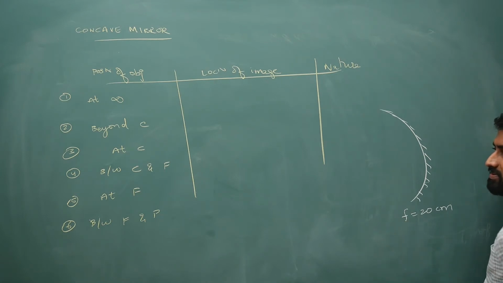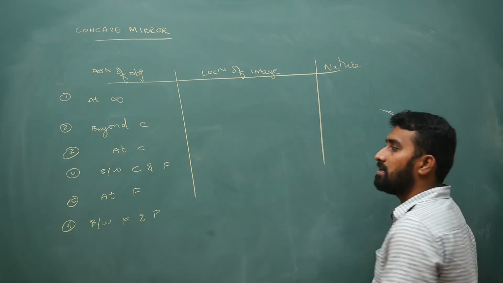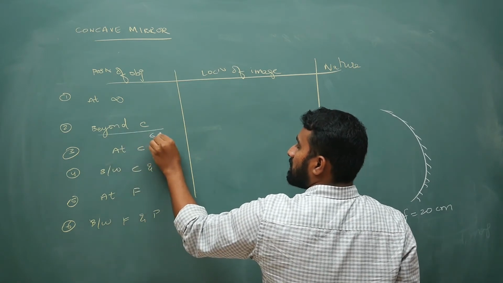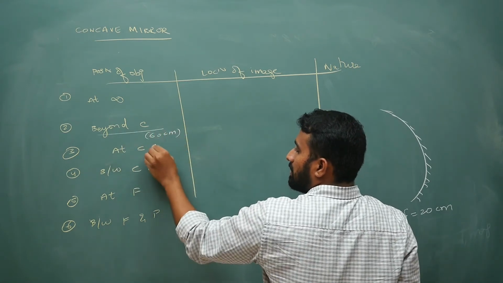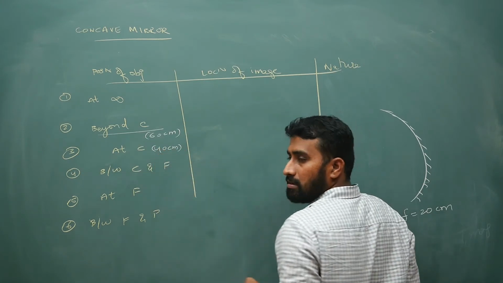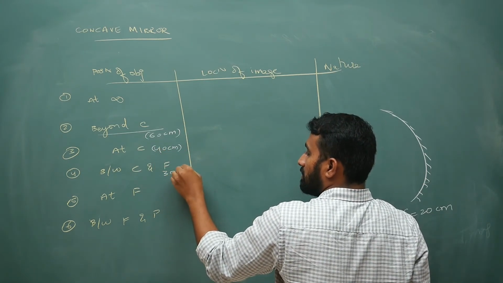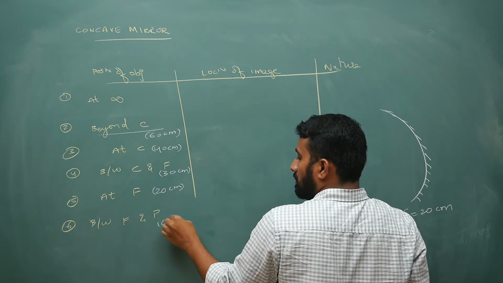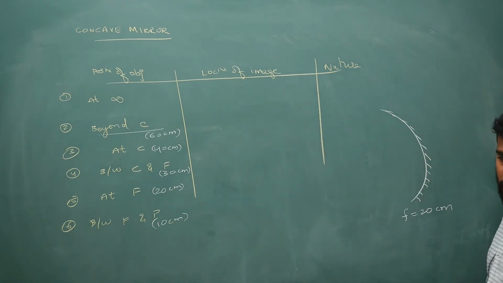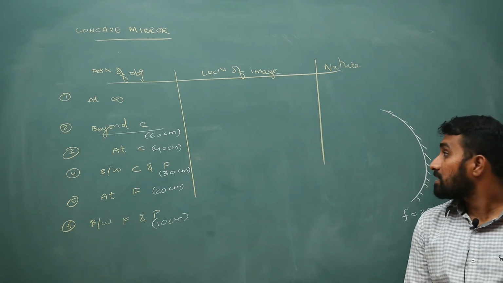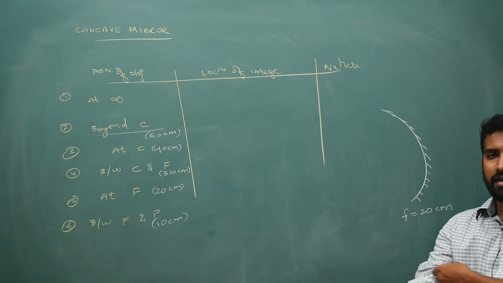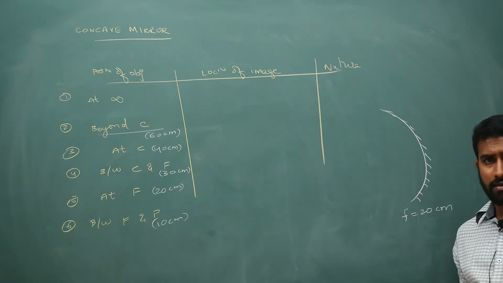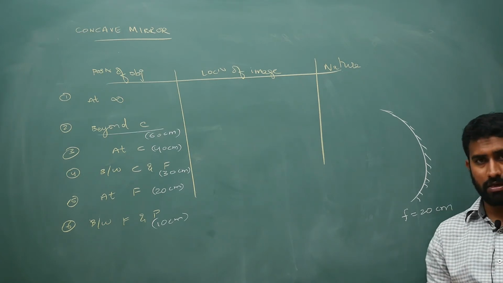First case infinity. Beyond C you take the object at 60 centimeter from pole. At C means obviously 40 centimeter. Between C and F you take 30 centimeter, and at F, obviously F is 20, so 20 centimeter, and here take 10 centimeter. Come on, do the calculation, location, nature, everything for this concave mirror with ray diagram, each case separately. First do the calculation, draw the ray diagram, fill the table.